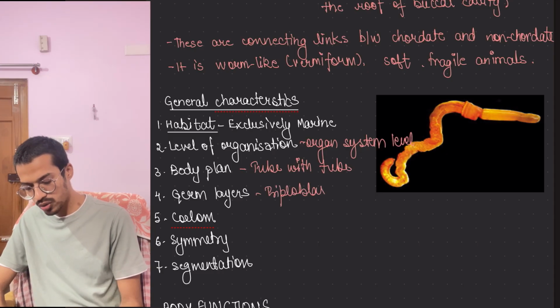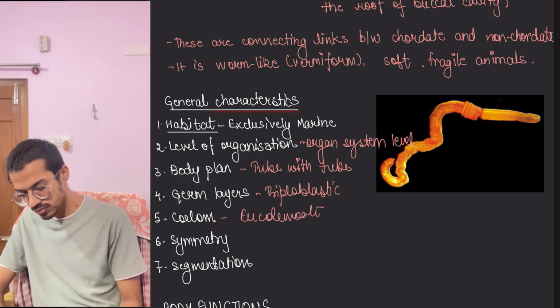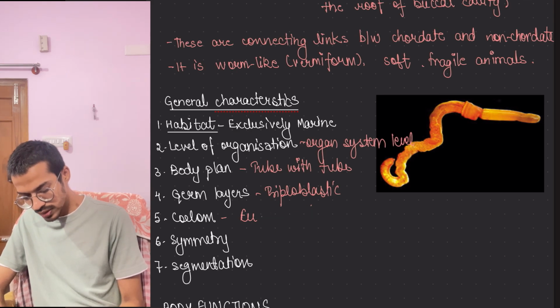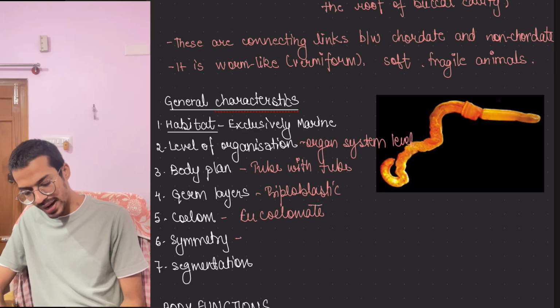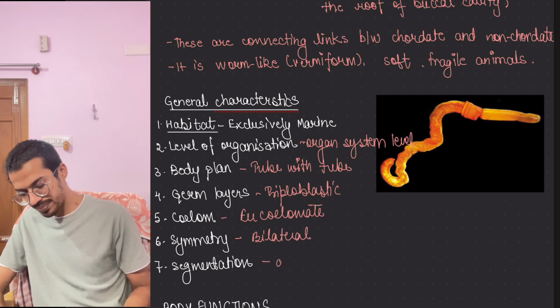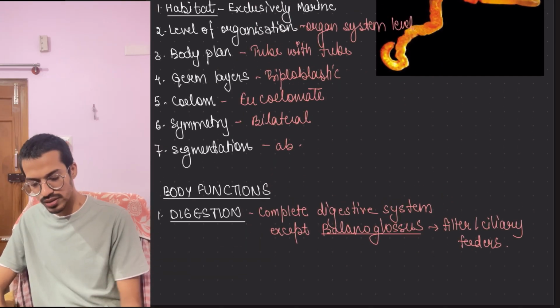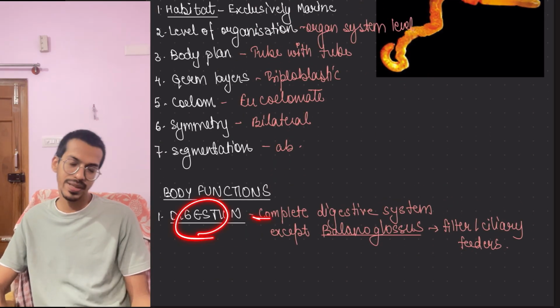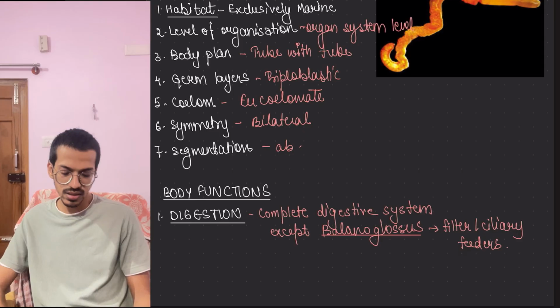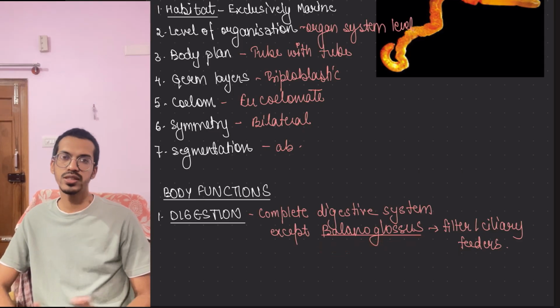Coelom, they are eucoelomate, and that is enterocoelomate. Then symmetry would be bilateral. Segmentation is absent in them. Then body functions, digestion: a complete digestive system is present, except Balanoglossus, which is a filter feeder or ciliary feeder.